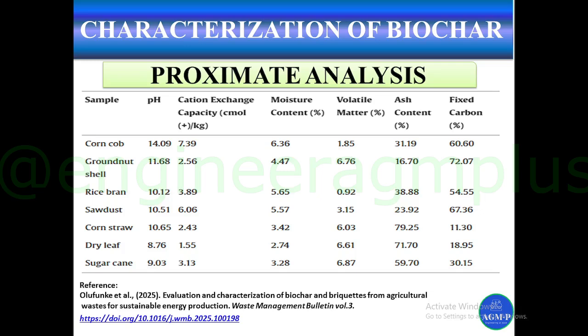And the ash is 16.70%. While for the Corncob, the moisture content is 6.36, the fixed carbon is 60.06, the volatile matter is 1.85, and the ash content is 31.19.